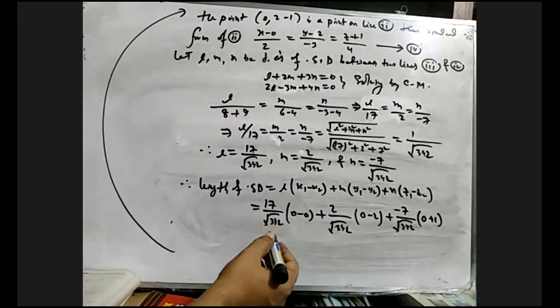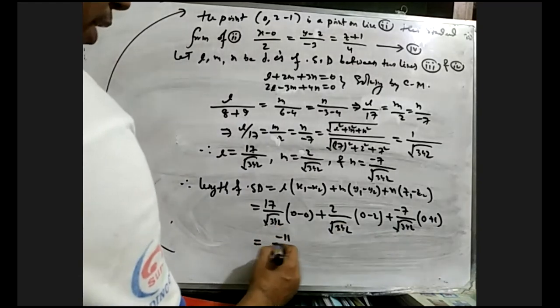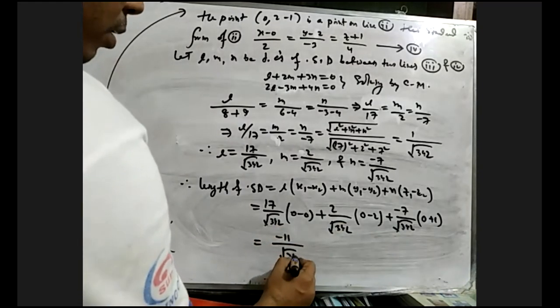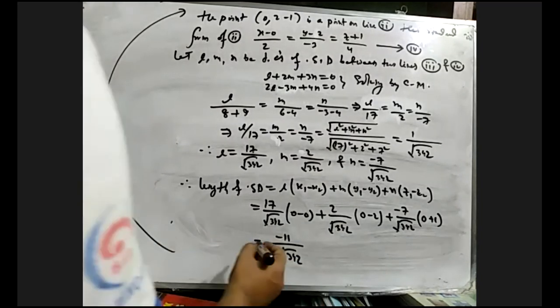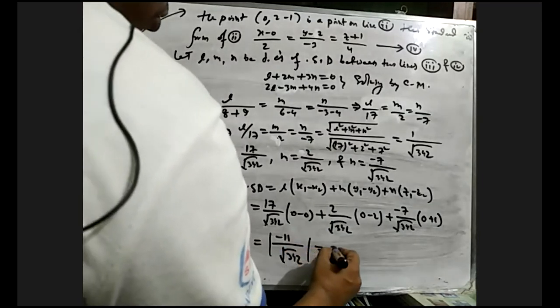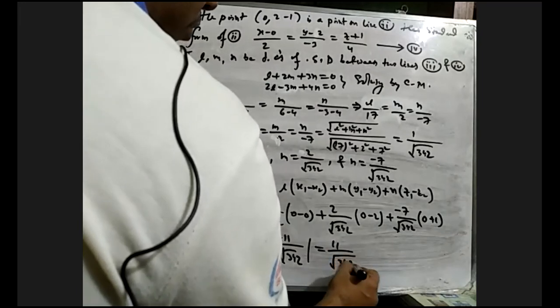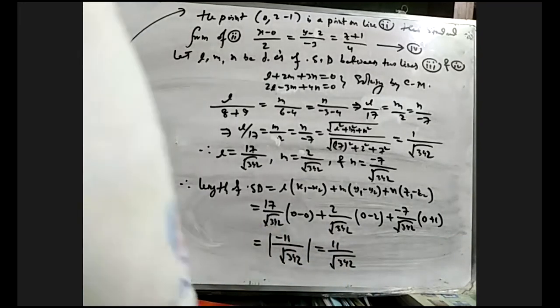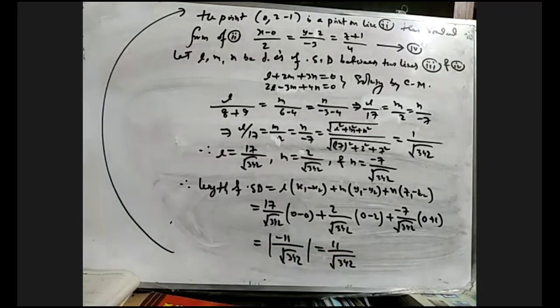So we get minus 4 minus 7, which is minus 11. Minus 11 by root over 342. This is the actually required result because this will be the absolute value. Distance can never be negative. Shortest distance is also a distance, so it will be the positive one. 11 by root over 342 is the required shortest distance.